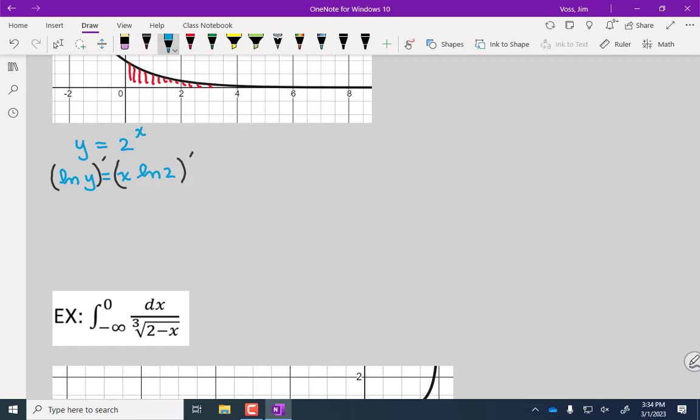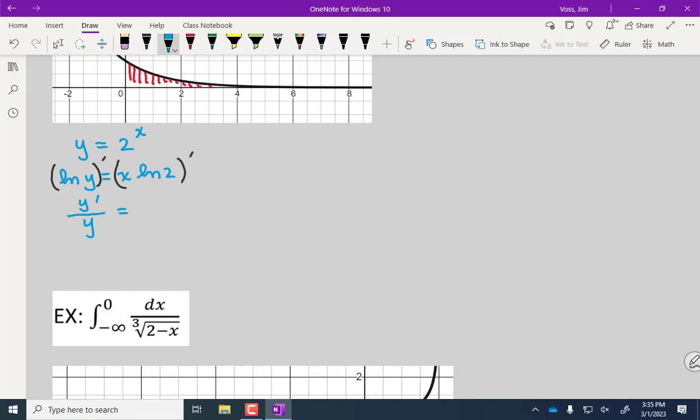What is the derivative of natural log of y? 1 over y times the derivative of the inside. The derivative of the inside we call y prime. What's the derivative on the right side? What's the derivative of 5x? 5. What's the derivative of natural log of 2 times x?